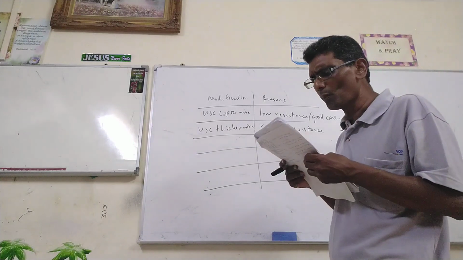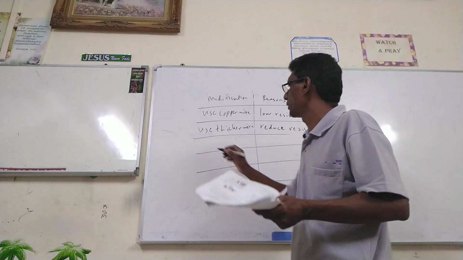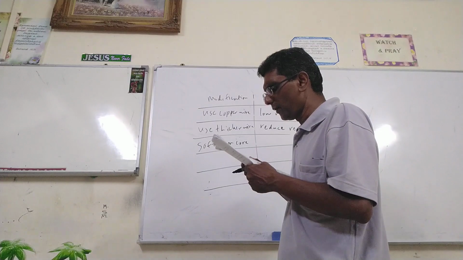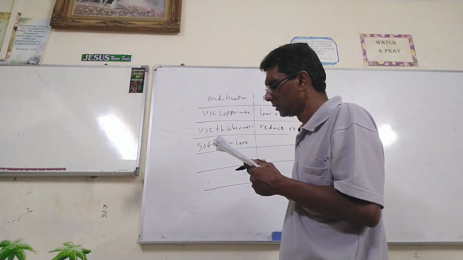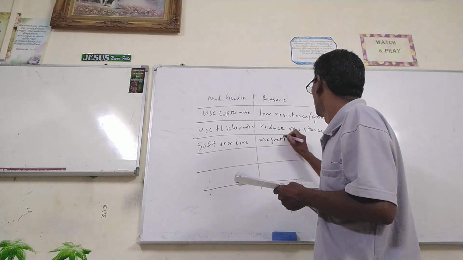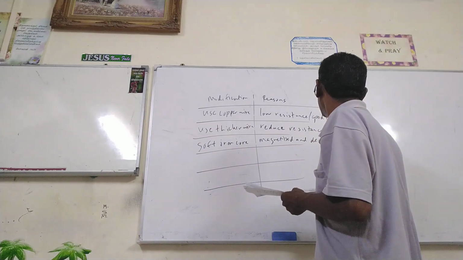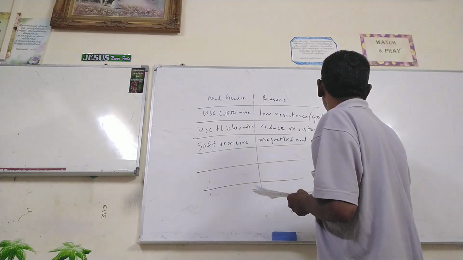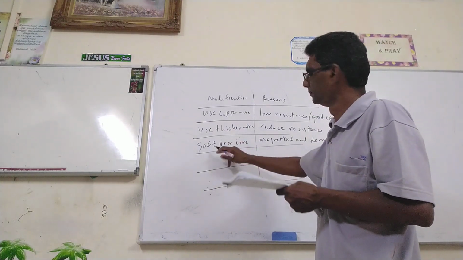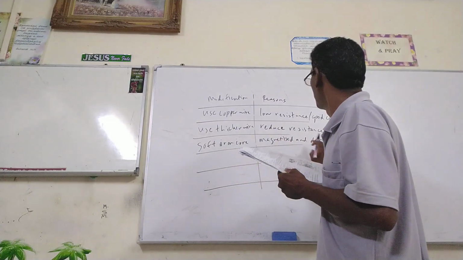And third thing, the type of the core. Use a soft iron core. The soft iron core can magnetize and demagnetize easily.